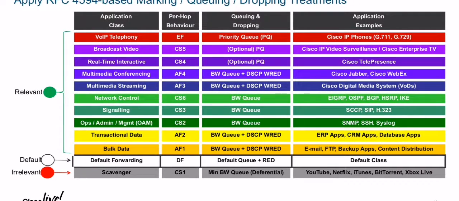And then we have AF4 and AF3. That's assured forwarding. That's a type of DSCP marking. All right, that happens at layer 3, where we have those 6 bits available for marking. So that's getting AF4, priority 4, and AF3, priority 3.